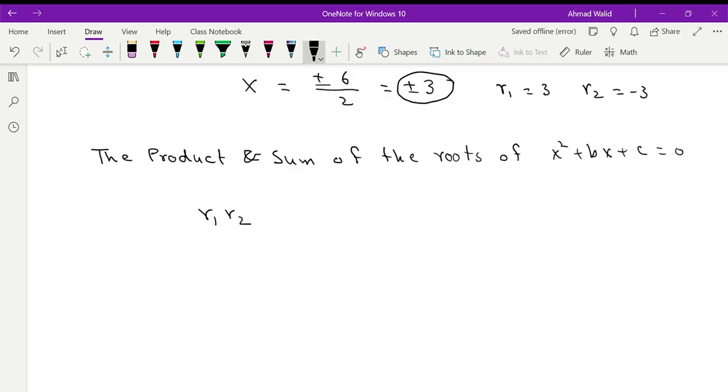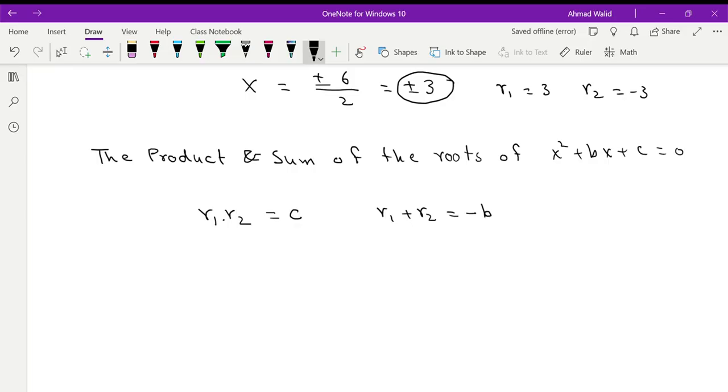The product, if I multiply these two, it always gives me C. And if I add these two, it always gives me negative B. Why negative B? Because when you plug back, when you go from the answer to the factor form, of course you change the sign.